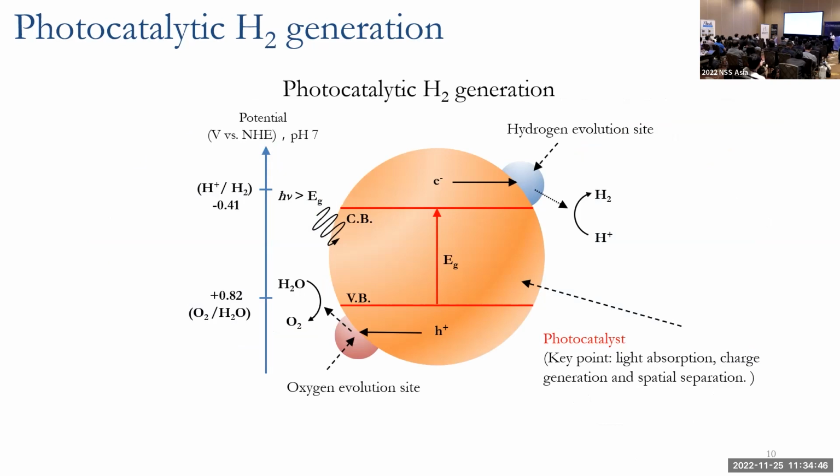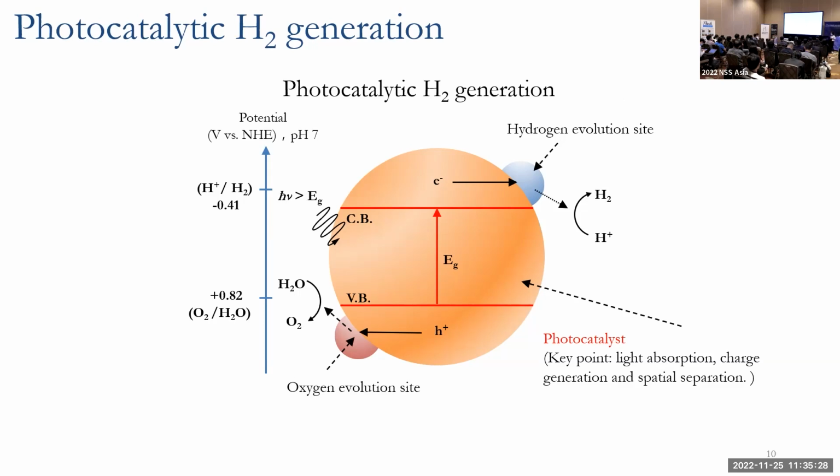photocatalytic hydrogen generation. In this photocatalytic hydrogen generation, a photocatalyst absorbs the light energy to create an electron and hole pair, and then the electrons are transferred to active sites to generate hydrogen. This method does not require electricity, and can directly convert the energy of light, for example sunlight, into hydrogen, that is, chemical energy.